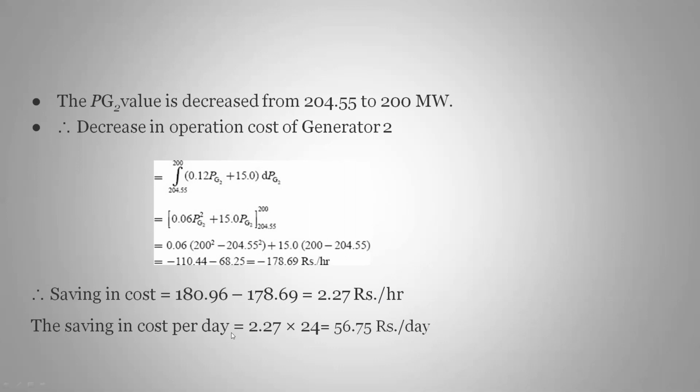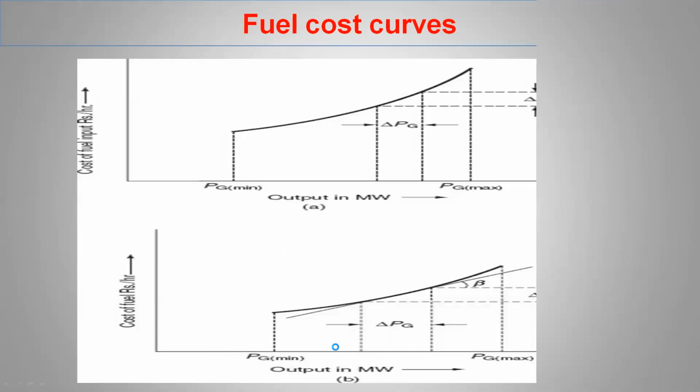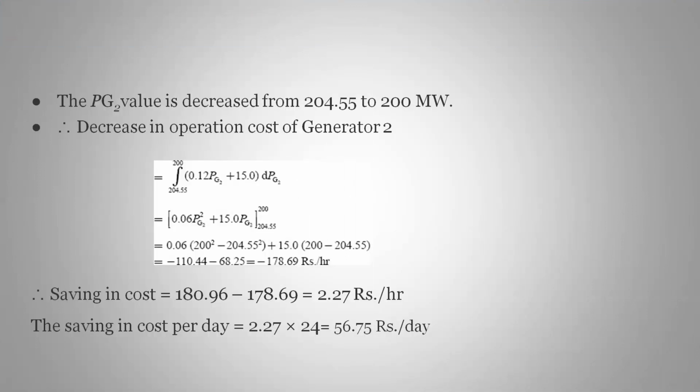So what is the saving cost in a day? So 2.27 into 24, for a day 24 hours. So 1 hour 2.27, 24 hours, 24 into 2.27, what is it? 56.75. So this is the saving cost per day.